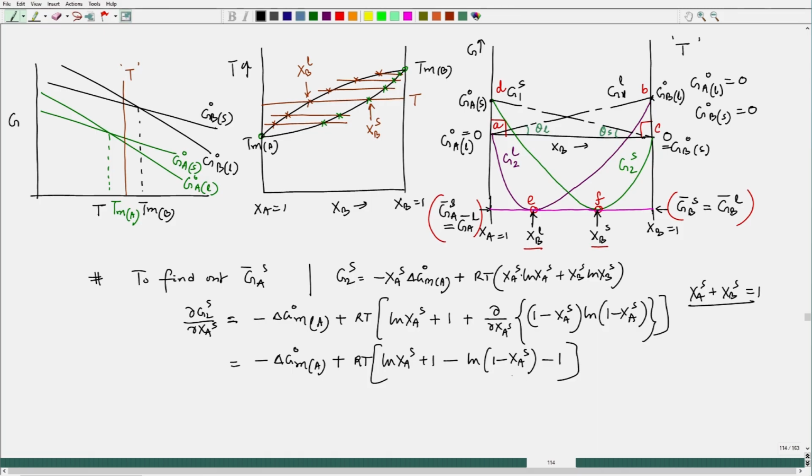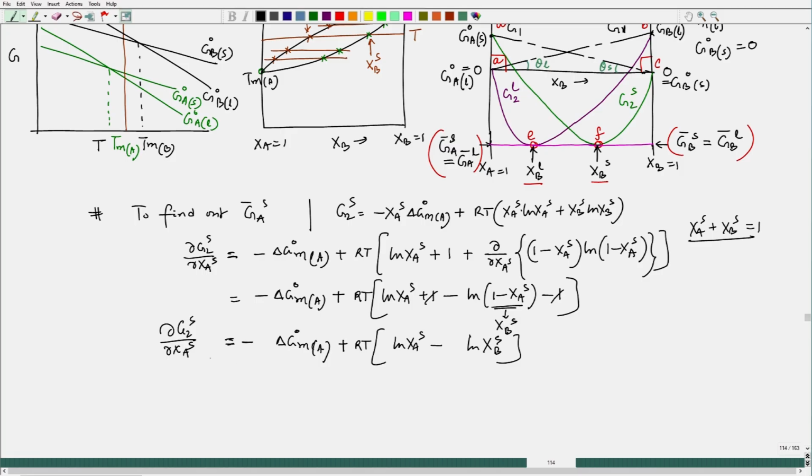In fact, I can convert this into XBS again. So then finally I can write, equal to, I am just putting a gap here, you would understand why, A plus RT ln XAS, so these two would get cancelled, minus ln XBS. Okay.